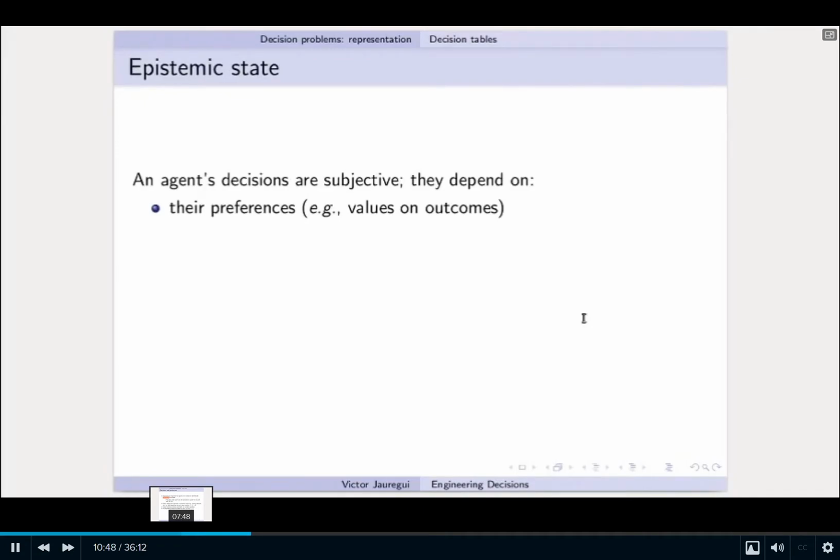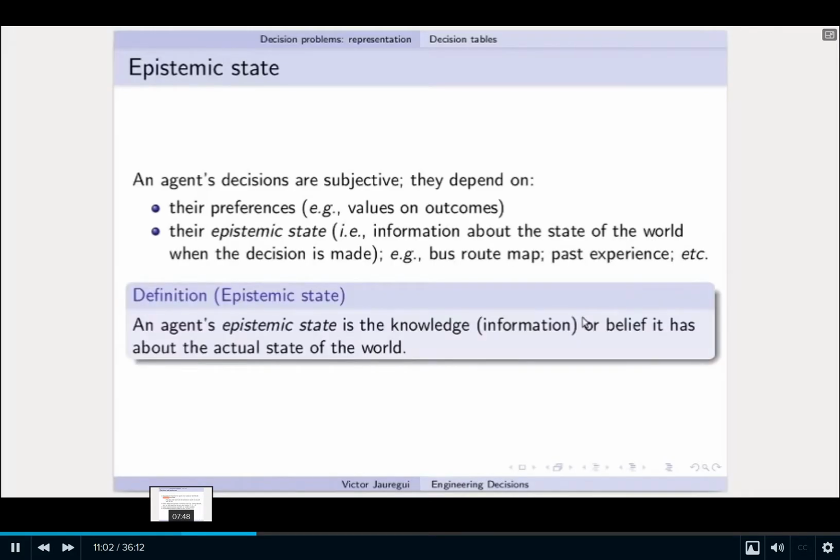So I want to emphasize again that the values that are attached to a problem are subjective. Different decision makers may assign different values according to their preferences for the outcomes. Now there is another thing that we can attach to a problem that is subjective, and that is the information that we have available when we make the decision. In other words, the information we have available about the possible states, the things that might happen, or the sources of uncertainty.